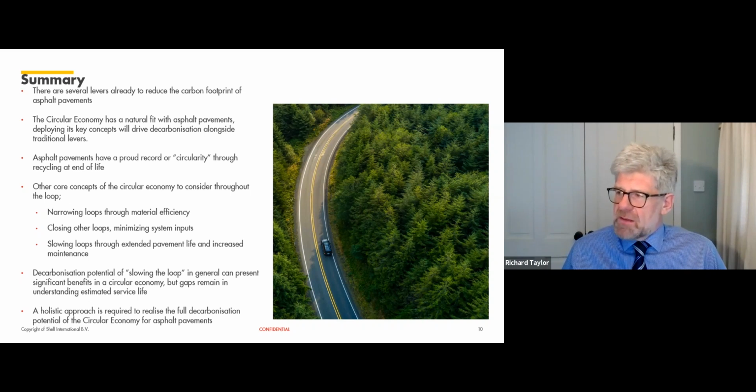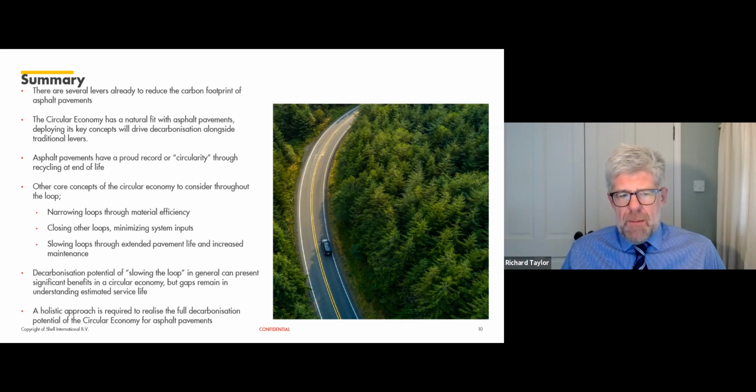There's minimizing the system inputs by taking materials from other industries and closing those loops in order to take the raw materials from primary raw materials to a lower level in the system. And as I've said, there's a need to slow those loops through increasing maintenance, through extending the pavement life, through longer lasting materials.